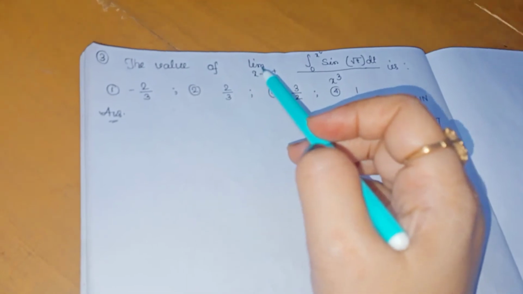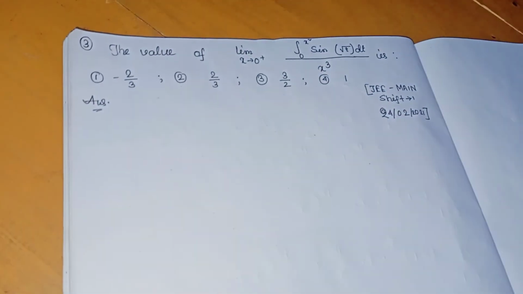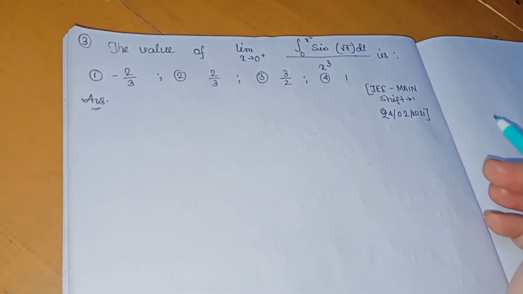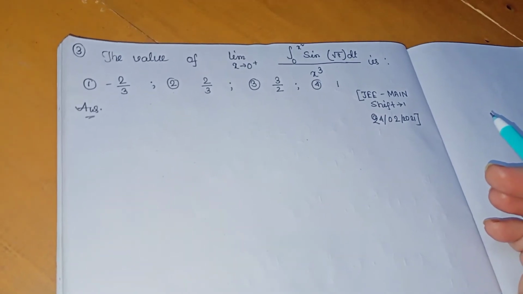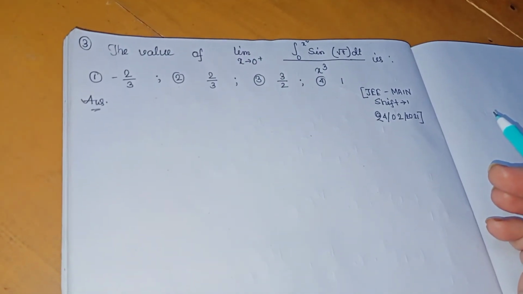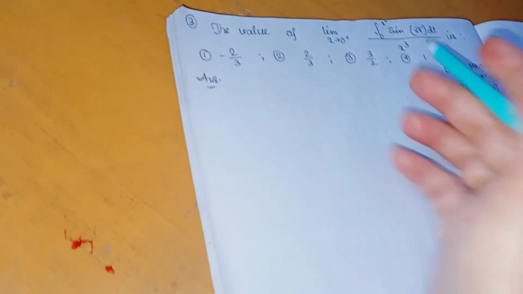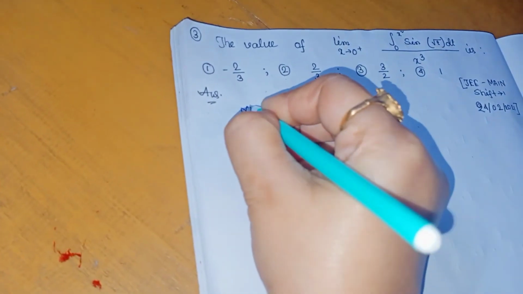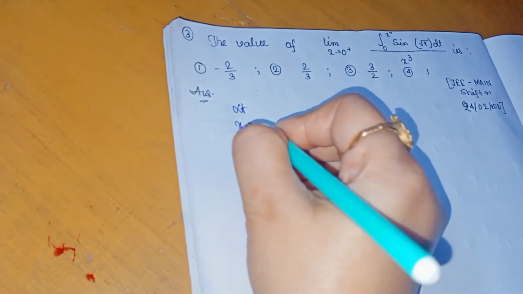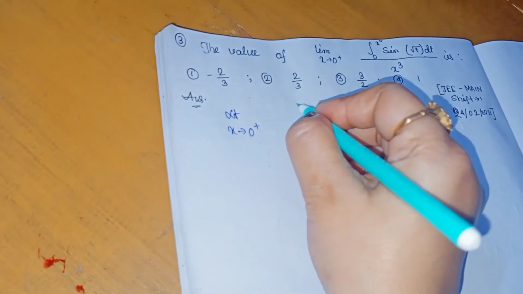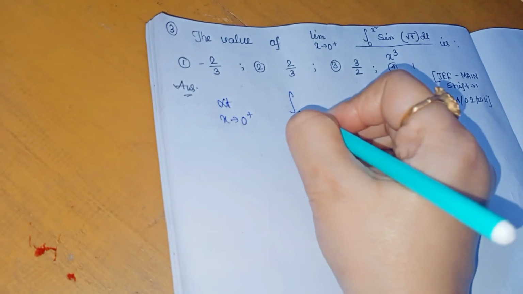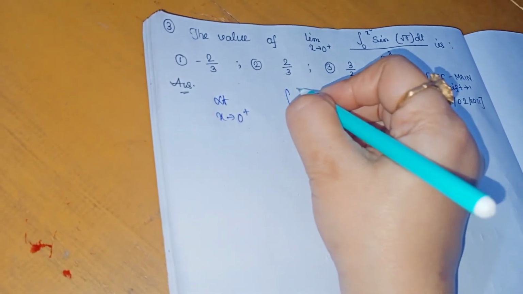The value of the limit as x tends to 0 plus of the integral from 0 to x square of sine root t dt, divided by x cube. This is a question on limits. So the given function is the integration of sine root t dt divide x cube.